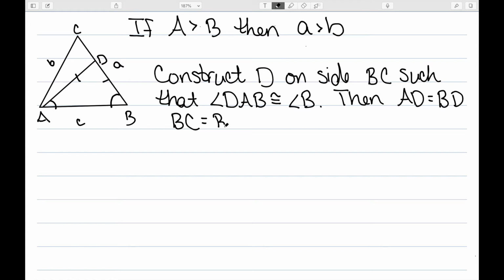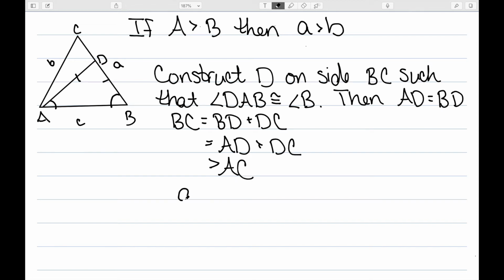I then know that the distance from B to C is equal to the distance from B to D plus the distance from D to C, which is the same thing as the distance from A to D plus the distance from D to C, which the triangle inequality tells me is greater than the distance from A to C. So the distance from B to C was our little a, the distance from A to C was our little b, so I know that side length a is bigger than side length b if angle A is bigger.